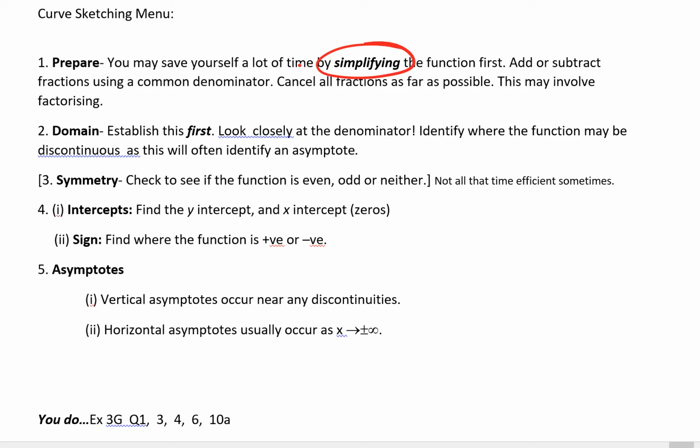Step 2, establish your domain. Establish the X values that are relevant to your graph. Think about this concept, domain, X values. I guess for so many years, the graphs you drew had a domain of all real X because they were just straight lines and parabolas, which have a domain of all real X.